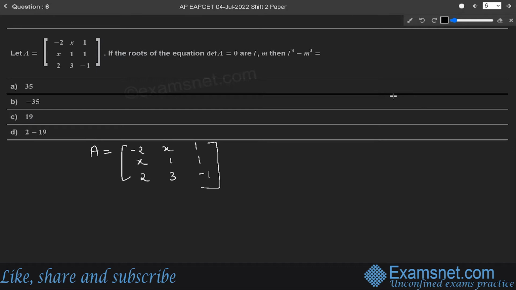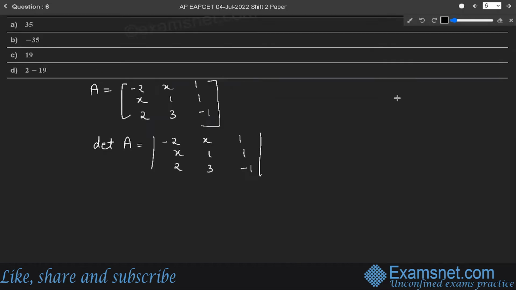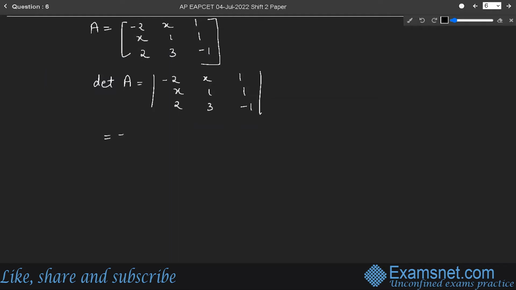The determinant of A, by expansion, will be written as minus 2 times (1 times minus 1 minus 3), minus x times (minus x minus 2), plus 1 times (3x minus 2).